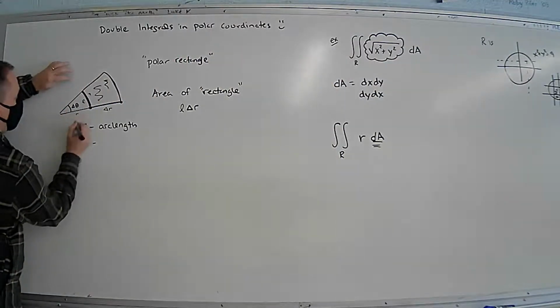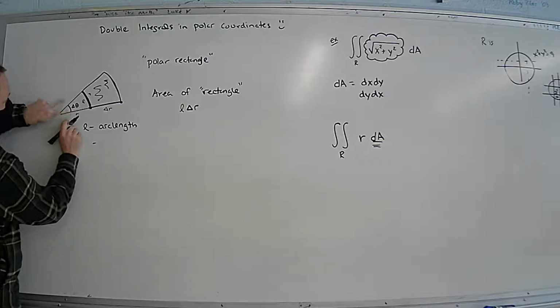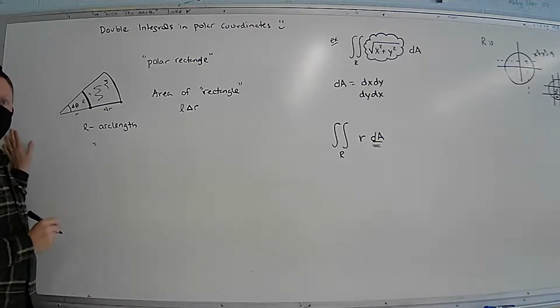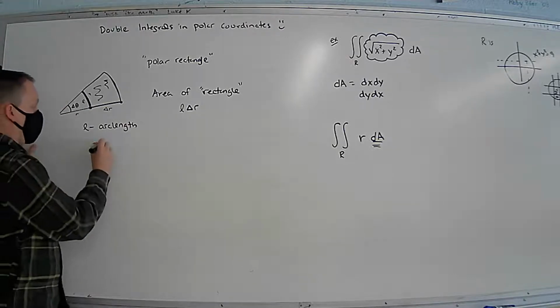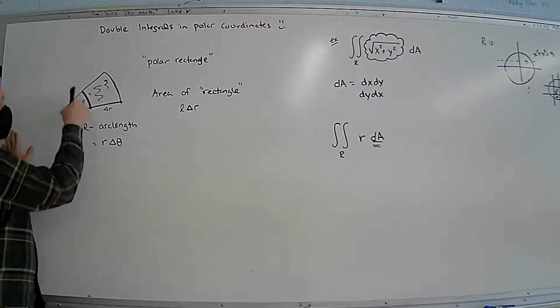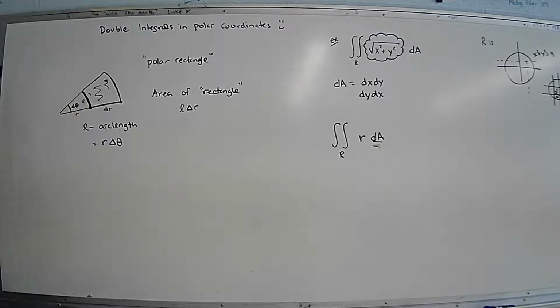So if this right here is an R value, and this right here is the theta angle value, what does L actually equal? It's R delta theta. Would that be just for a circle then? No, it's any chunk of polar area.